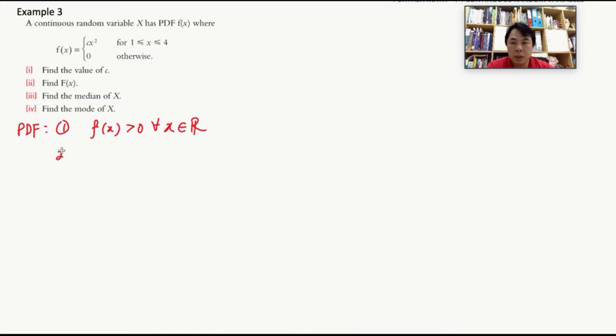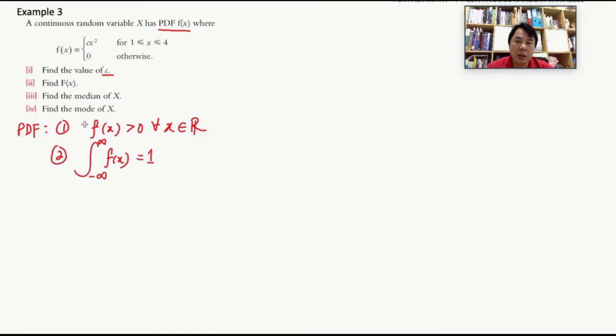Secondly, the total area under the graph must yield a 1. That can be denoted as this. As long as it satisfies these two properties, then we call this function a probability density function. By making use of these properties, we are going to answer the first question here.